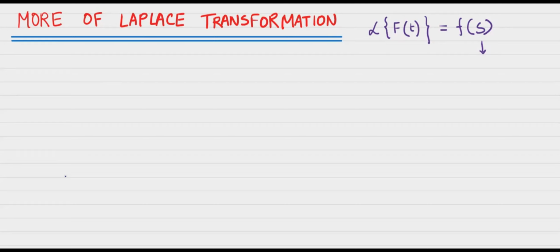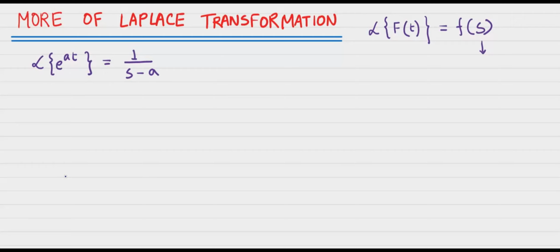Specifically, we want to apply a result that we have already proven, that the Laplace transformation of the function e to the power at, where a is some constant number, is given by 1 over s minus a.